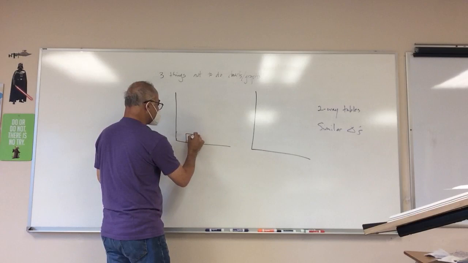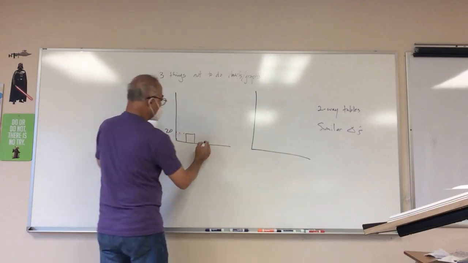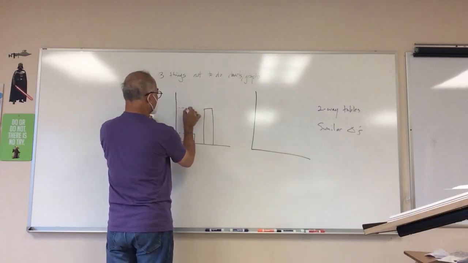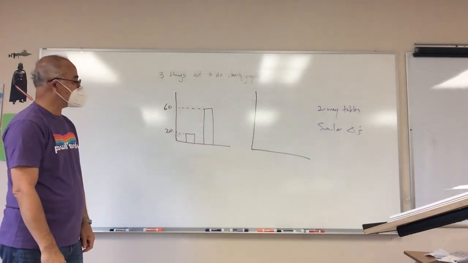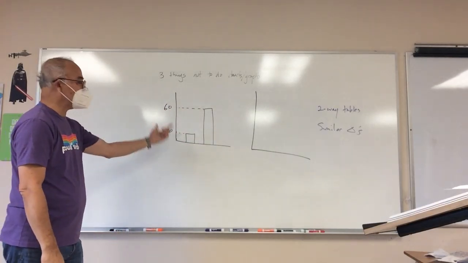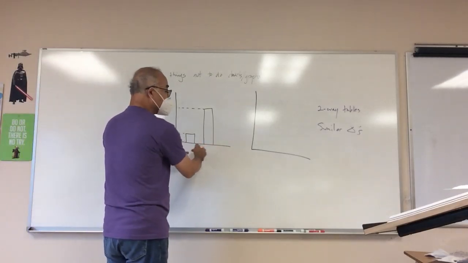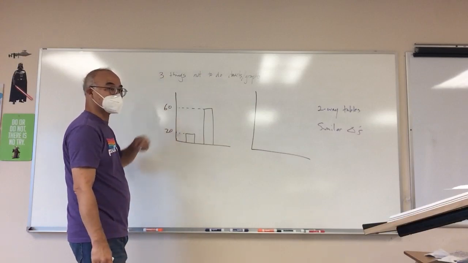One is 20, and then the second bar is going to be 60. So this is what a normal bar graph would look like, and you would have categories here. I'm not going to make anything up. But let's say I had 20 and 60.